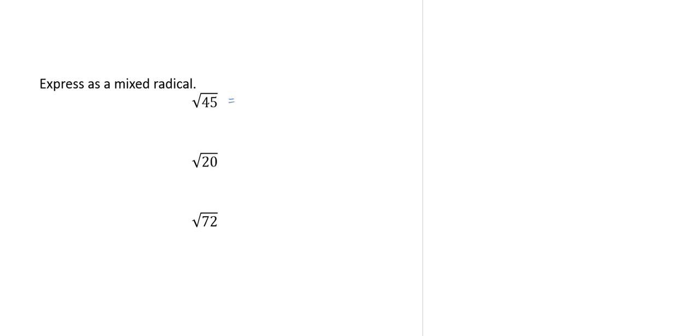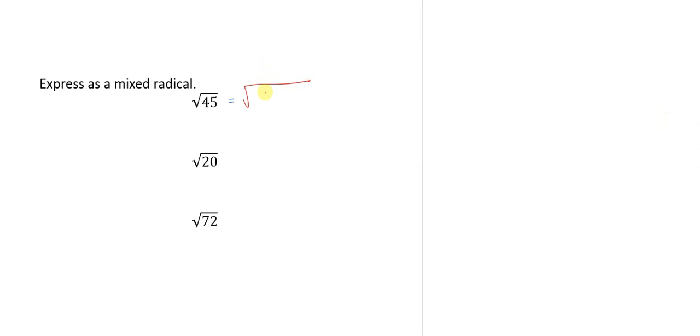So here we're being asked to express root 45 as a mixed radical. So the first step is to look at root 45 and think, what multiplies together to give me 45? Well, for me, 9 times 5 comes to mind. Right? 9 times 5 is 45. So the square root of 45 is equal to the square root of 9 times 5.